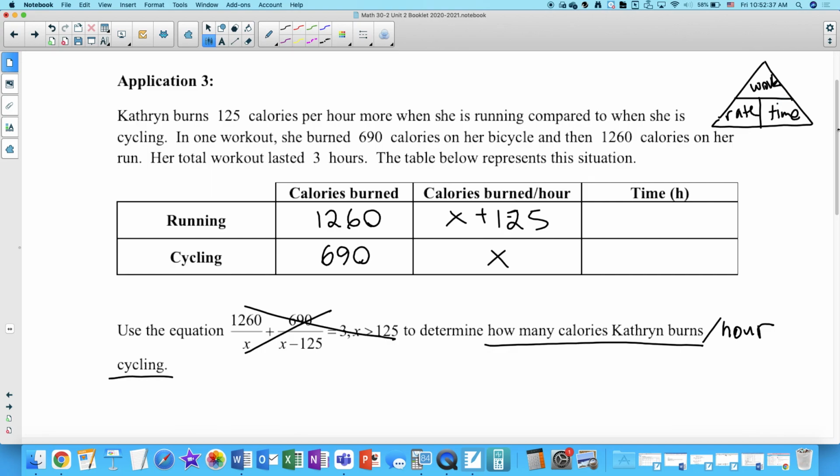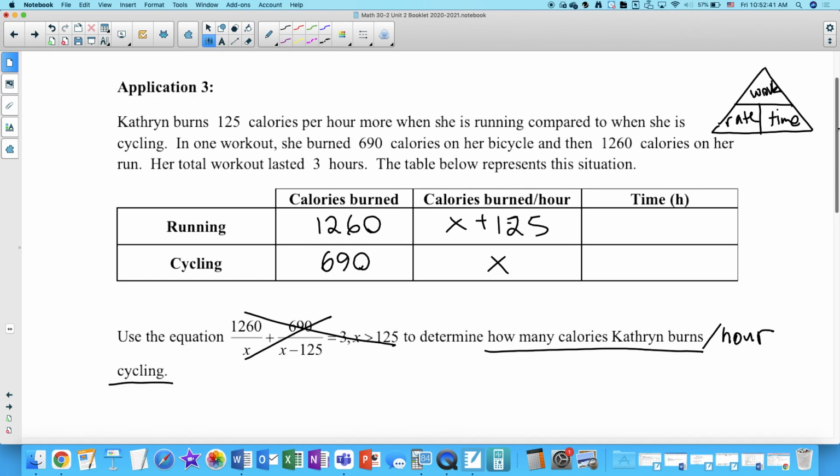For rate. In this case, the work that she does is the number of calories that she burns. So for running, her time, work over rate, is 1260 over x plus 125. Okay, and for cycling, her time is her work over her rate, 690 over x.